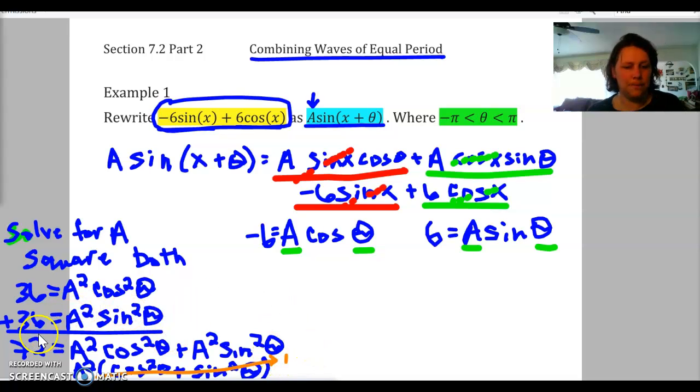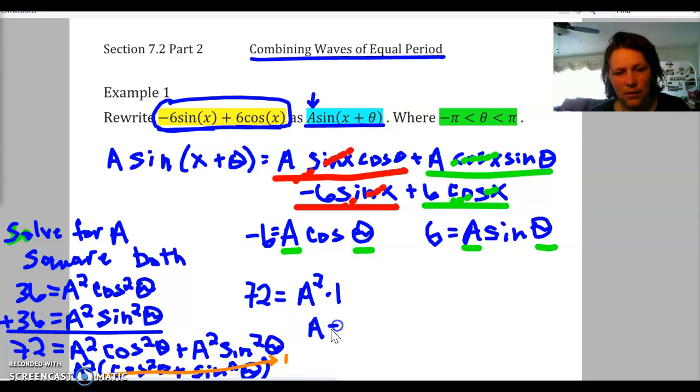Okay, so now what do we have? Let's rewrite. We've got 72 equals a squared times 1. And solving that, a is going to equal the square root of 72.